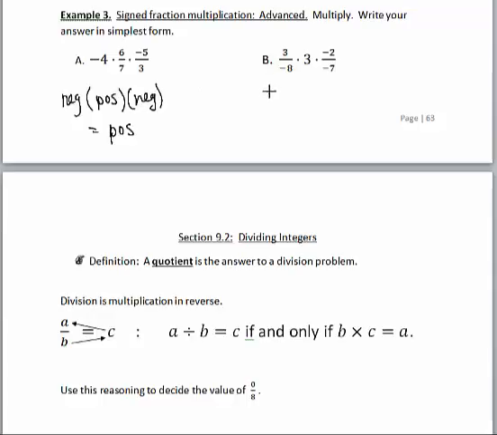What about B? And we'll go back and we'll still multiply the numbers, of course. But 3 over negative 8, we would look at 3 over negative 8 as a negative number. 3 is positive. And here we actually have 2 negatives in one fraction.